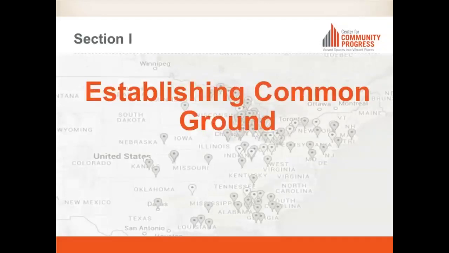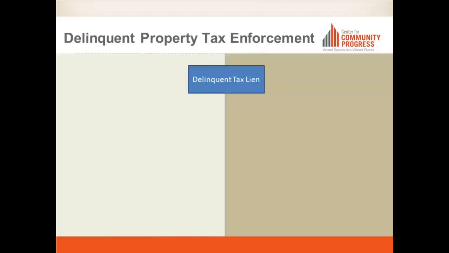So, establishing common ground, I'm going to start somewhere where probably folks didn't expect me to, and that is talking very briefly about delinquent property tax enforcement systems. I hope it will become clear through the webinar why I started here. I will give a hint that the primary source of property acquisitions for land banks across the country is through the tax foreclosure process.